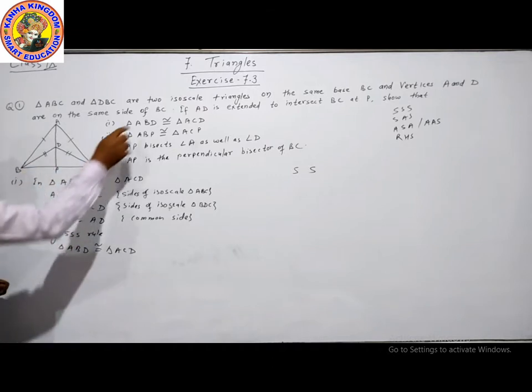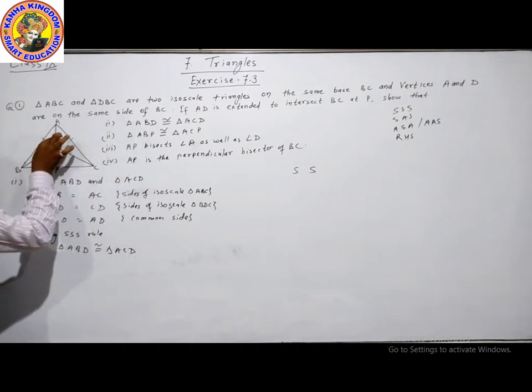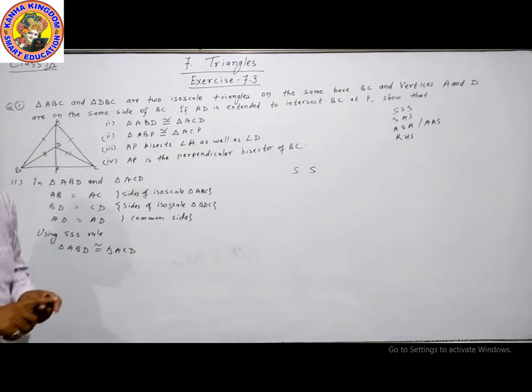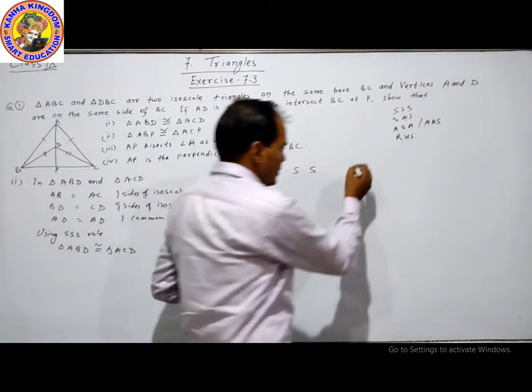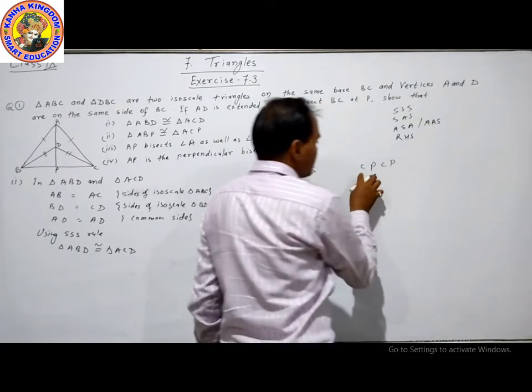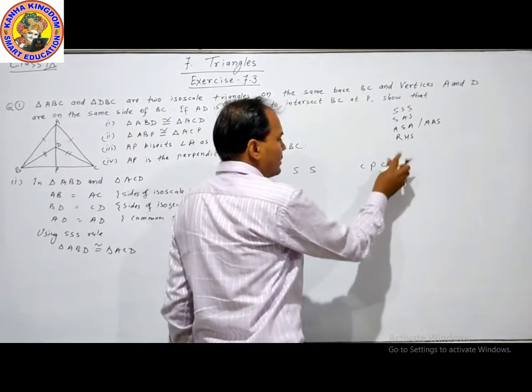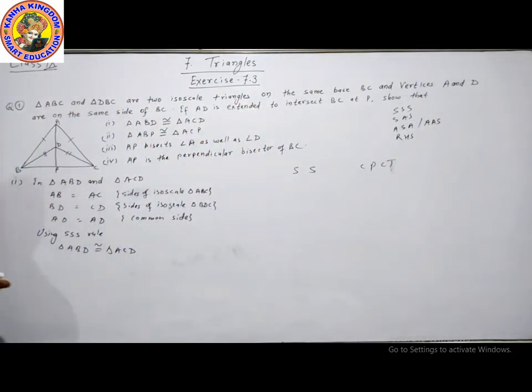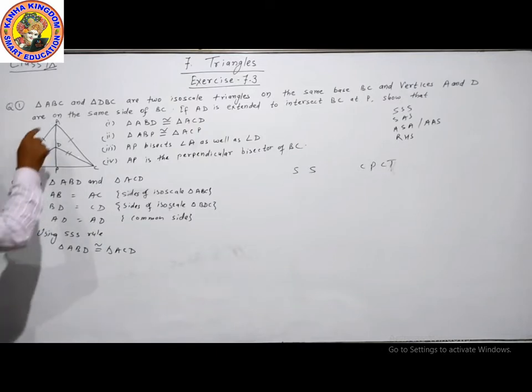In our previous question, we took the congruency of this. So using CPCT, corresponding parts of congruent triangles are equal. Taking these three angles, they are equal. So angle A and angle A is equal.